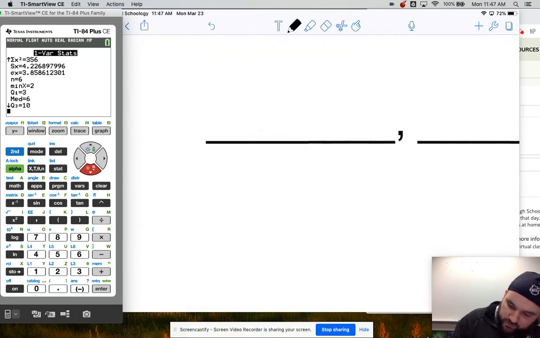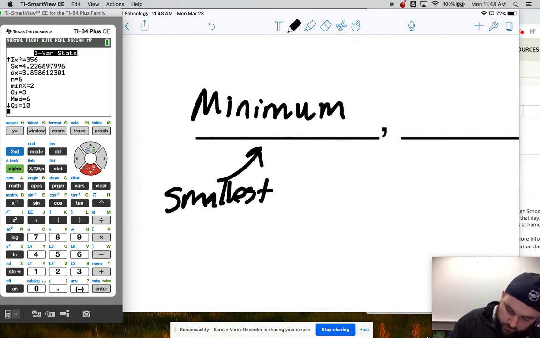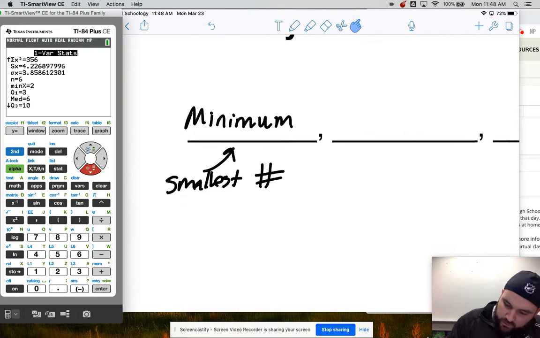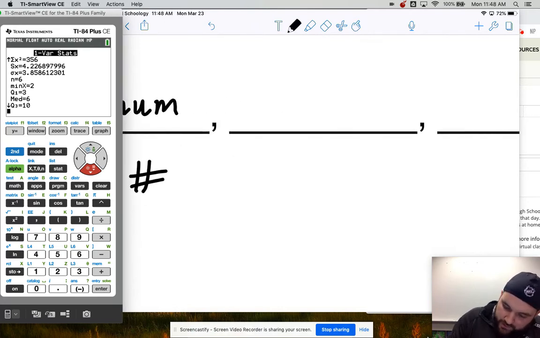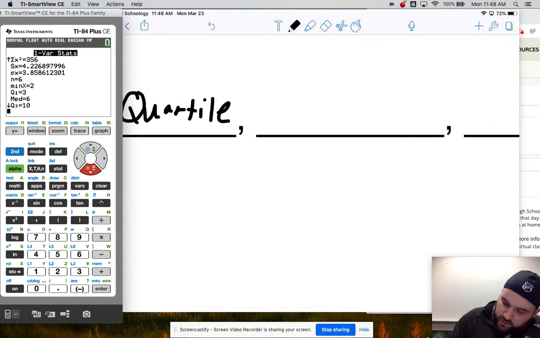The first number in the 5-number summary is the minimum. Basically, what's the smallest number? And then the next number is what's called the first quartile. We'll come back to what that is in just a second. The third number is the median.